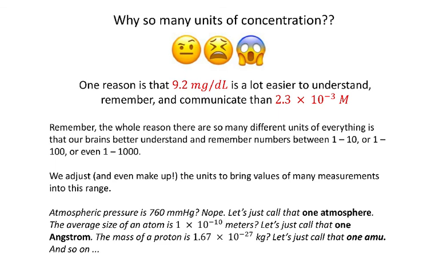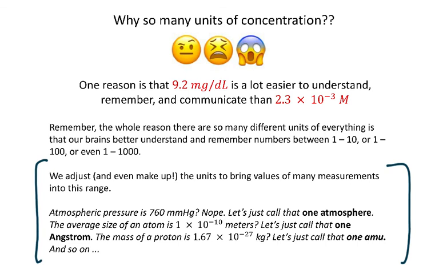And remember, we just adjust and make up numbers or units to bring the values of these measurements into this range. So remember, atmospheric pressure was originally measured as the actual height of a column of mercury metal, 716 millimeters of mercury.